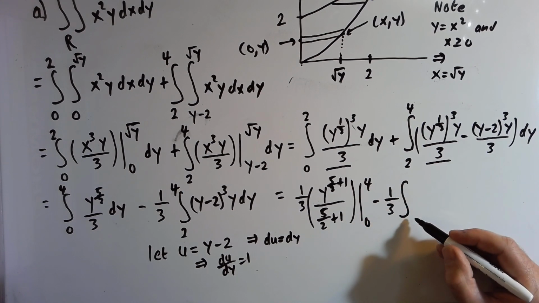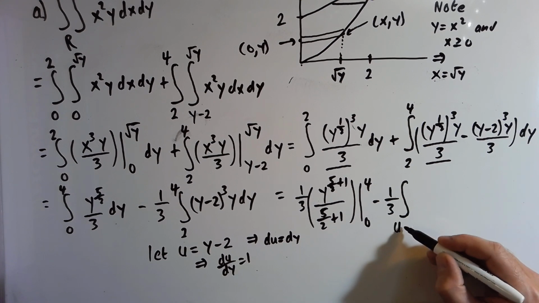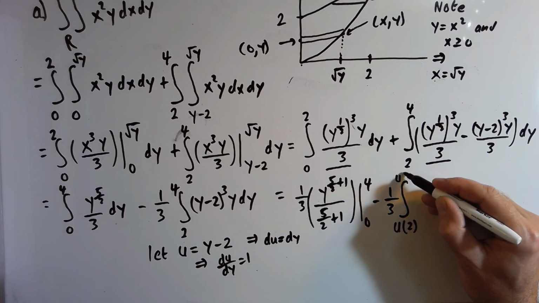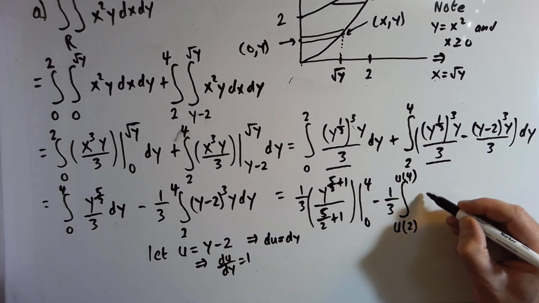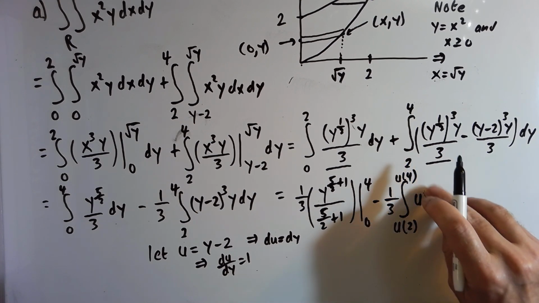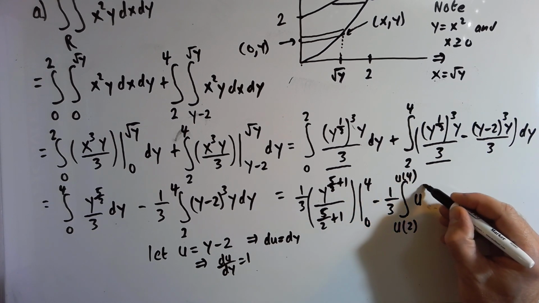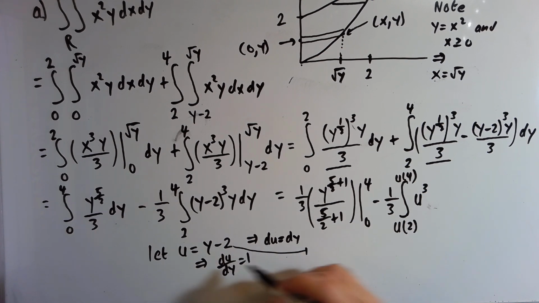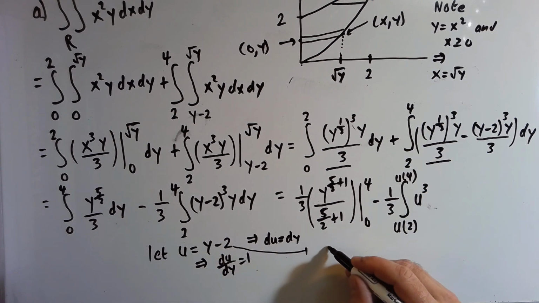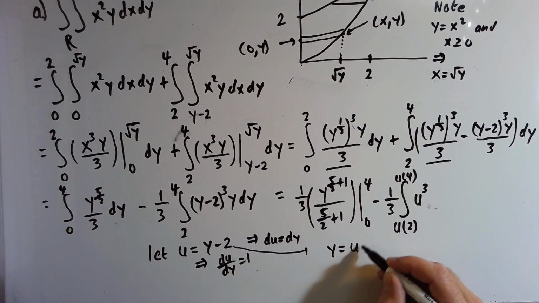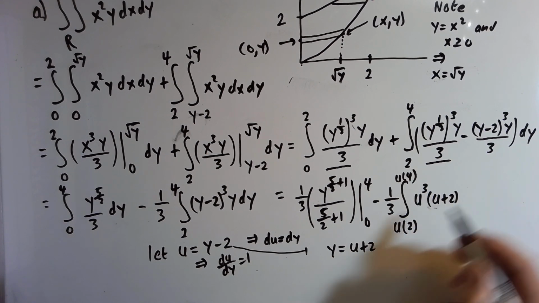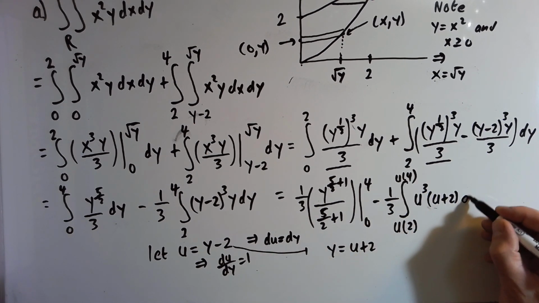Making our u substitution, it'll be u cubed times y. Solving for y, adding 2 to both sides, y equals u plus 2, so you could put u plus 2 here, and du equals dy, so you'd end up with this.